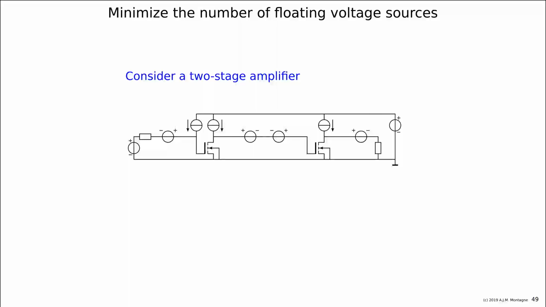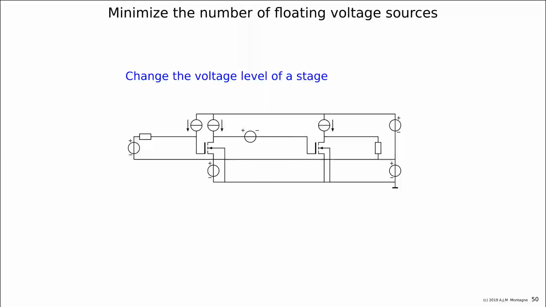So here we have two common source stages connected together with their equivalent input and output bias sources, and already the current redirected over the power supply. Now there are various ways to eliminate floating voltage sources. One is, and here I do it at the input and at the output, to shift them. In fact, I shifted them through the load and get a negative supply for that one.